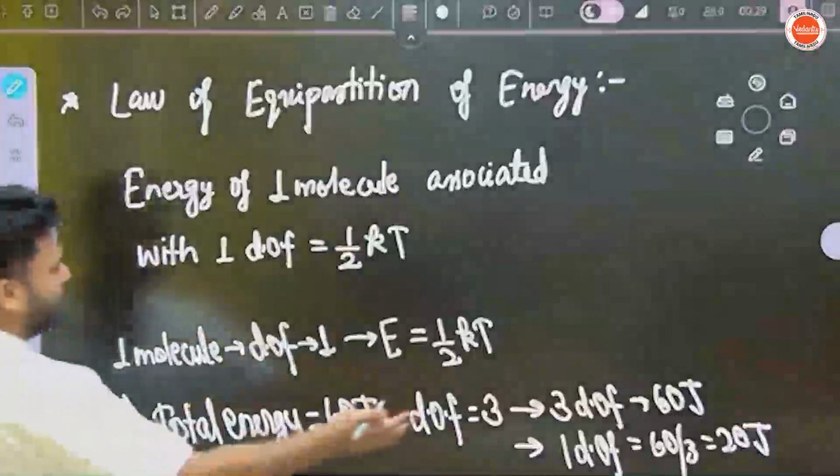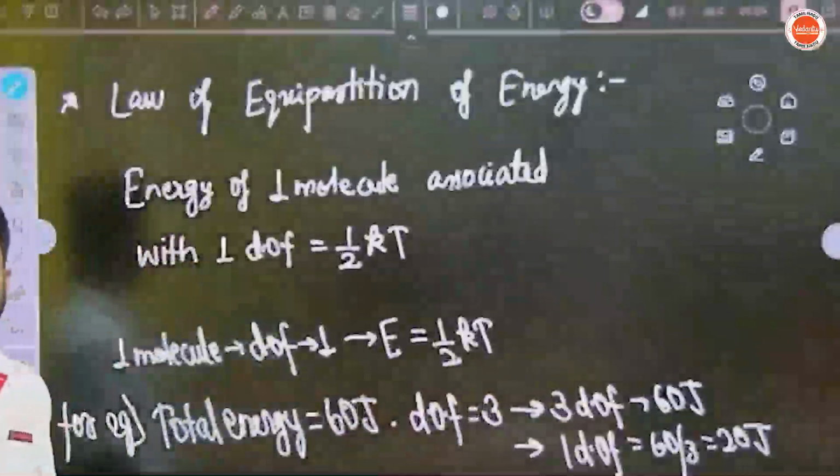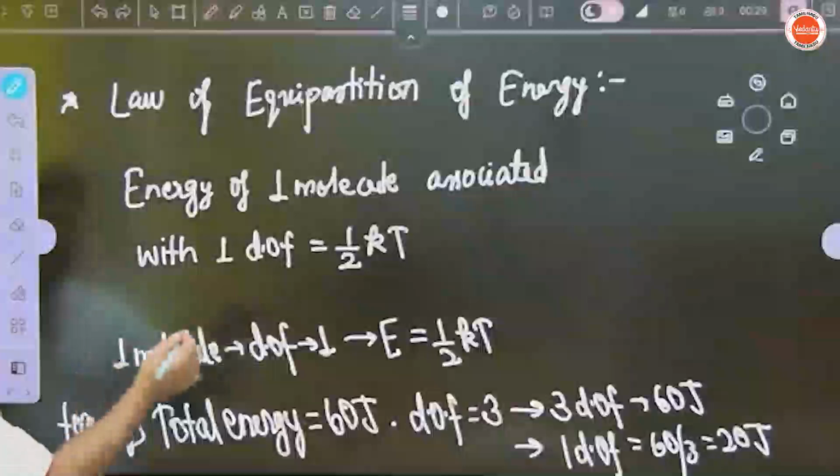In exams this kind of question they don't ask, but a little bit of derivation is required.